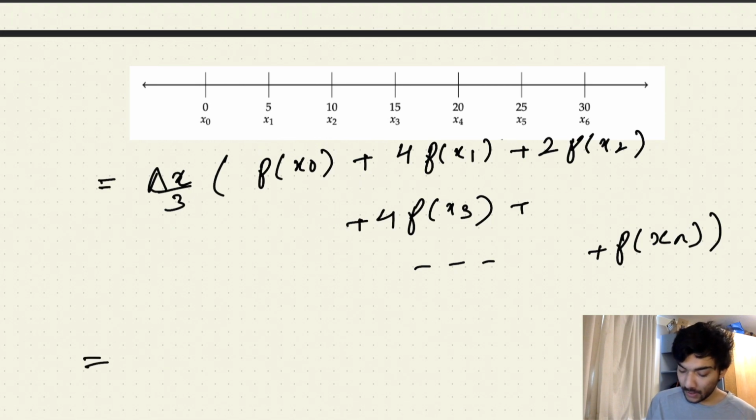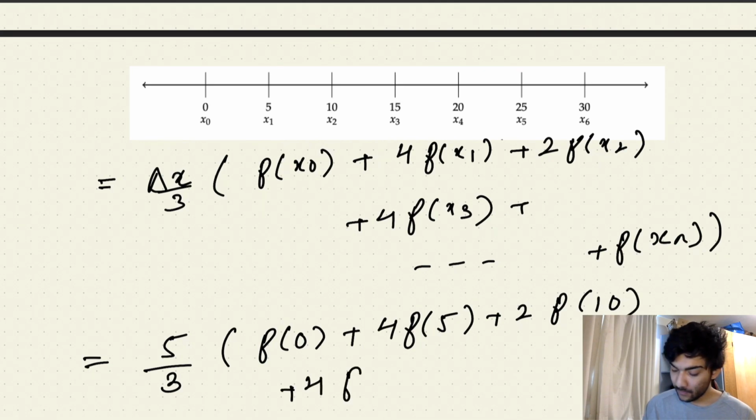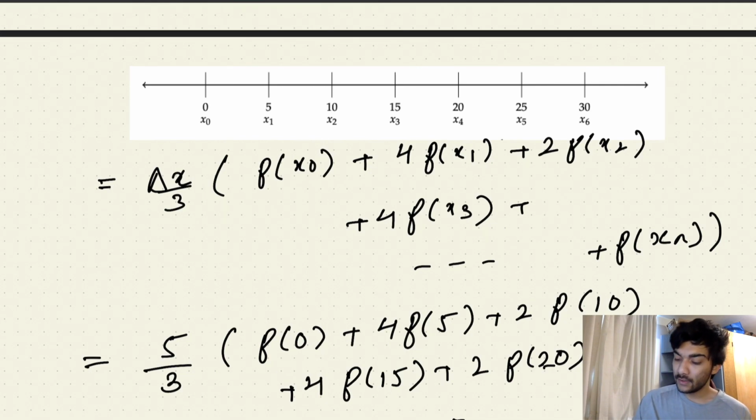So if you want to calculate the Simpson's rule approximation for this definite integral in the question, it would simply be, we know that delta x is 5, so 5 by 3 times f of 0 plus 4 times f of 5, 2 times f of 10, 4 times f of 15, 2 times f of 20, 4 times f of 25, plus the last term would have a coefficient 1, right?